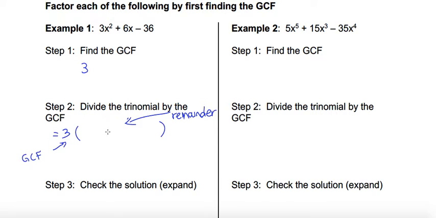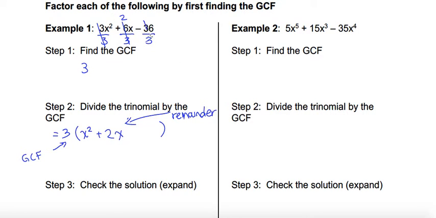Then what's left over is the remainder once I divide each of these terms by 3. I'm dividing my first term by 3, my second term by 3, and my last term by 3. 3 divided by 3 is 1, so I'm left with x squared. 6 divided by 3 is 2, so I'm left with 2x.